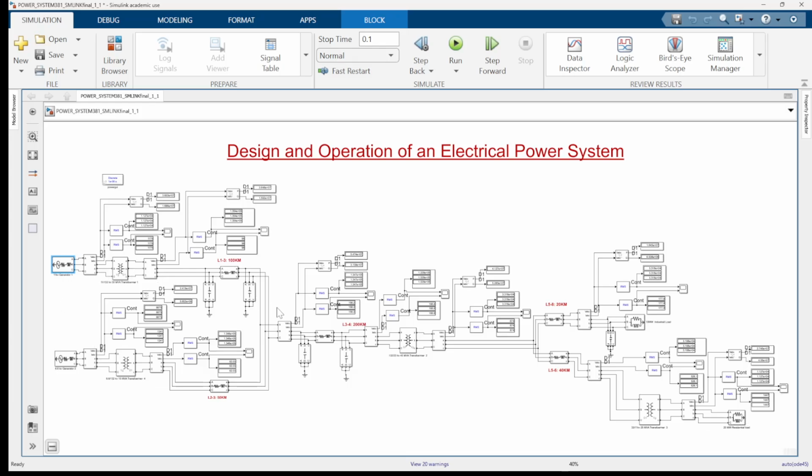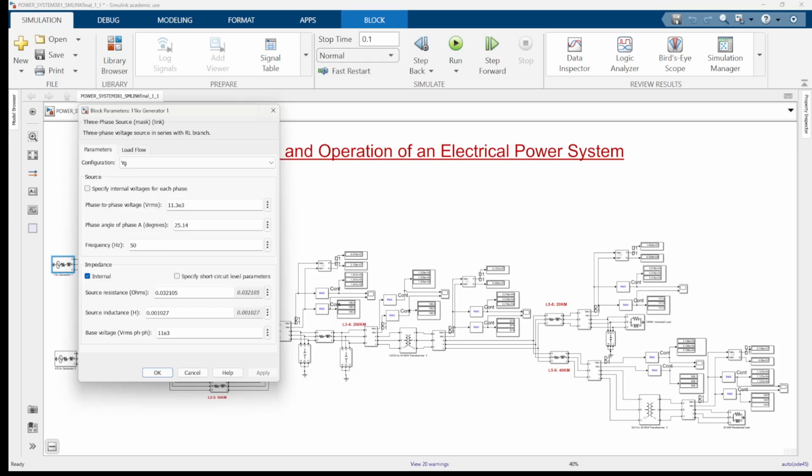Due to the resistance in the transmission line, the transformer losses, and the transmission line losses, we have taken 0.03 voltage higher in generator 1 to compensate the losses, and the frequency is 50 Hz. The internal resistance and inductance values are given here to make the generator more realistic.